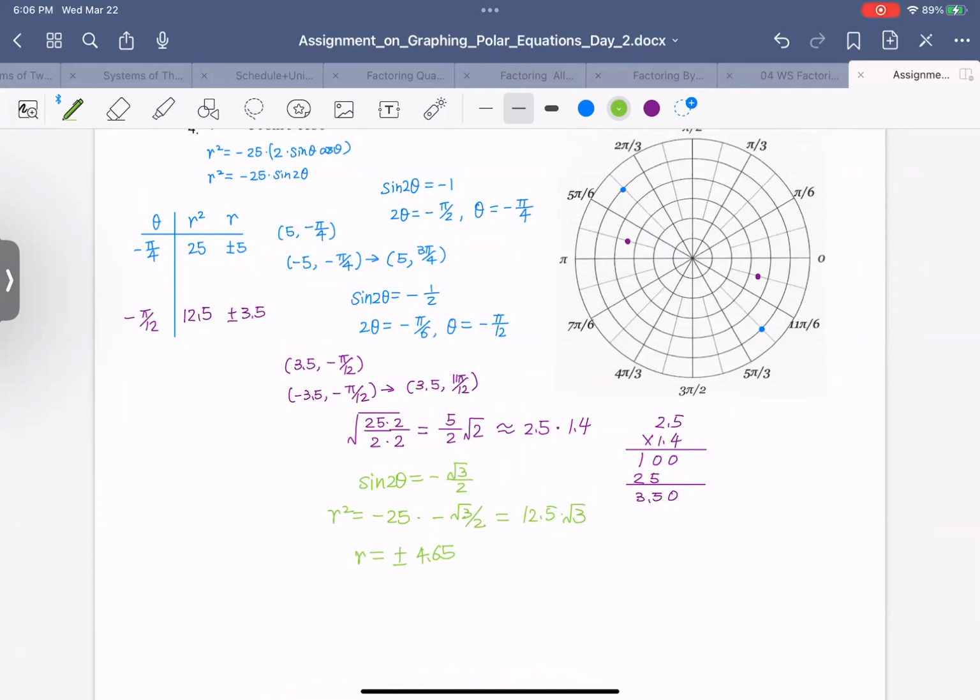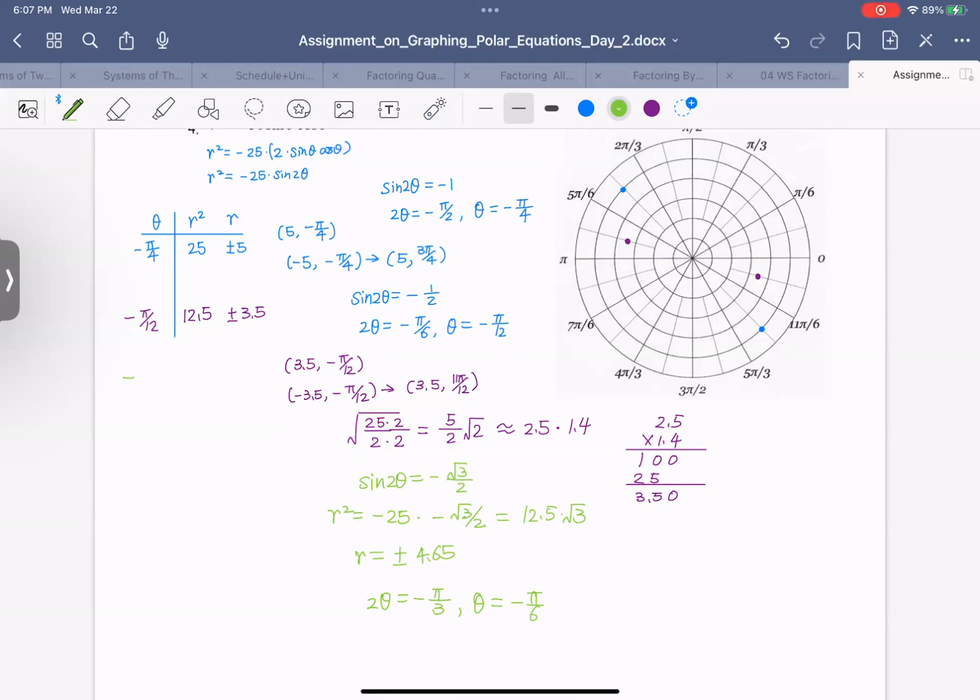So you do here, 2 theta equals to who? That this equals this. Sine of who gave you this? That's negative 60 degrees, which is negative pi over 3. Exactly. So that means theta is negative pi over 6, right?